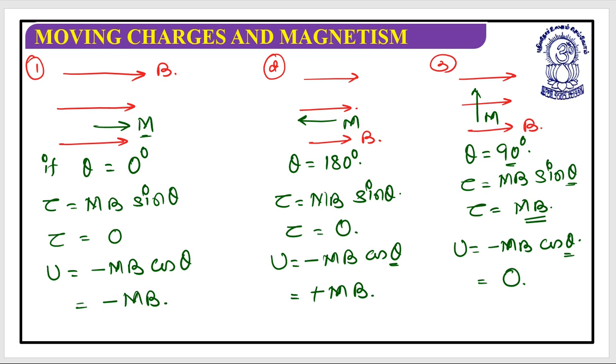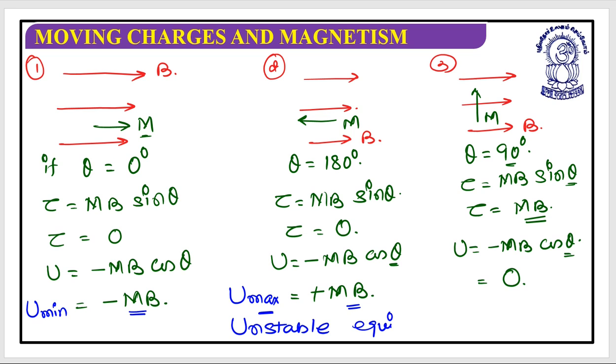It is always the case that when the potential energy of your system is maximum, look at this, it's minus of mB, it's plus of mB. So this is the maximum potential energy, this is the minimum potential energy, and the state of maximum potential energy is always unstable equilibrium.